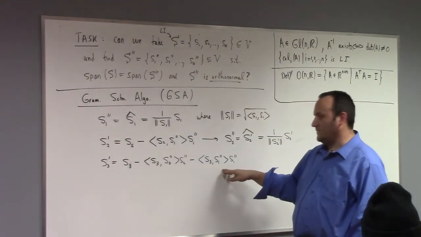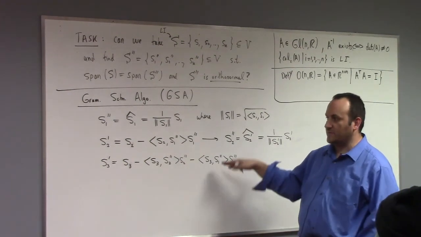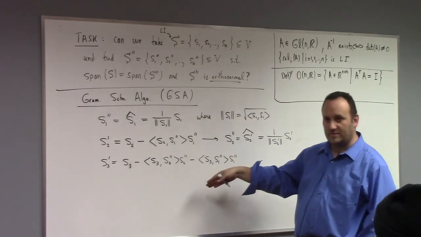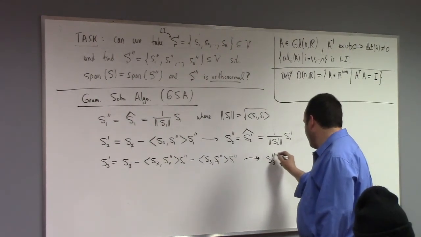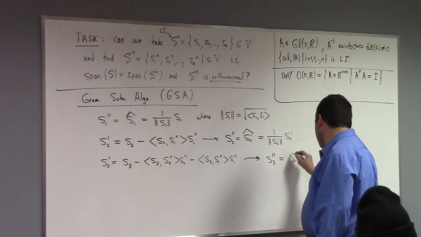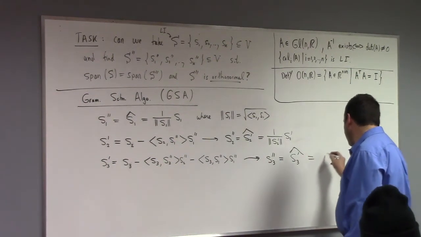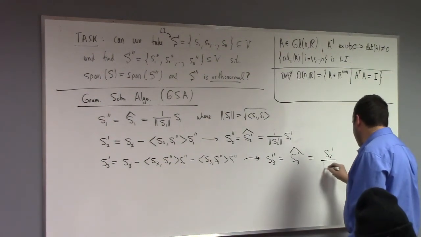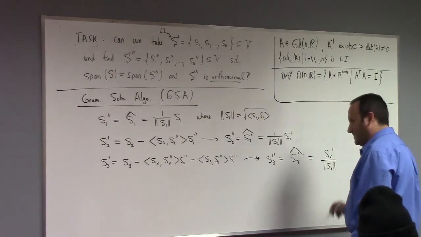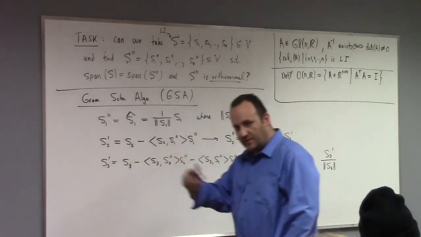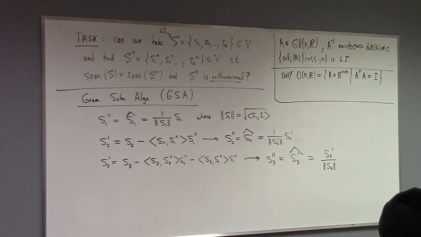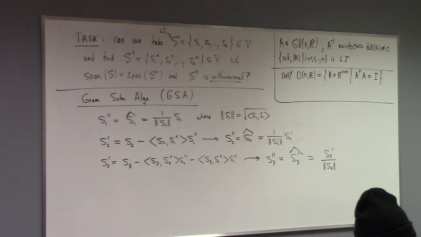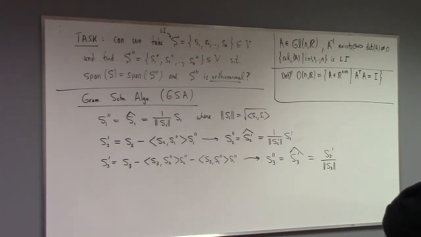So this vector S3 prime is orthogonal to the previous two, but it's not normalized. Then you put a hat on it. This keeps going, but it has to terminate by the time it gets to k, because you can't have more than k linearly independent vectors in a linearly independent set that's formed with the basis of k vectors.